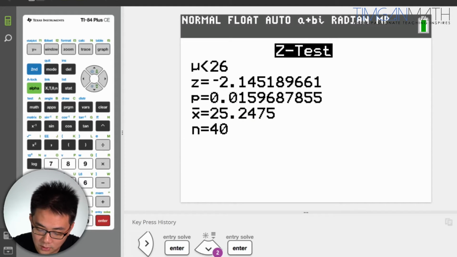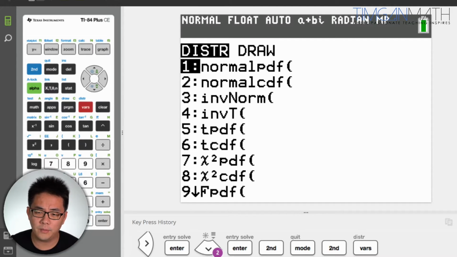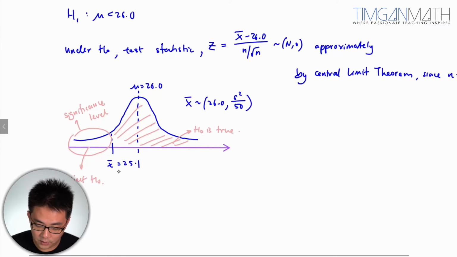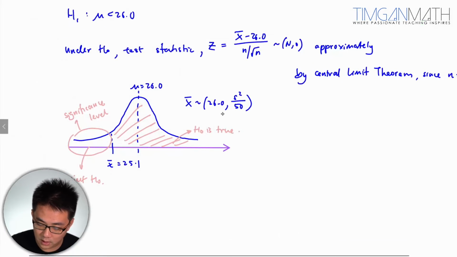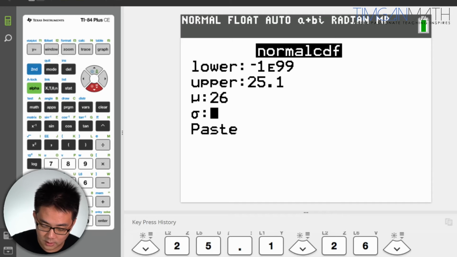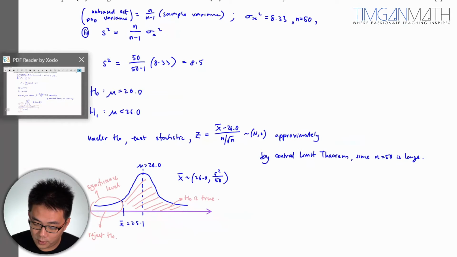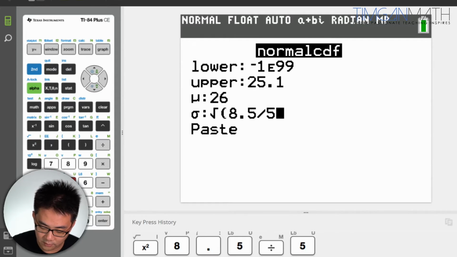You could actually just use your GC and use normal distribution. There are many ways to do this. Some schools will tell you to go back to the standardized curve, but if you understand the concept here, you could just use the upper bound of 25.1, mu is actually 26, and sigma is the square root of s squared over 50, so square root of 8.5 divided by 50.